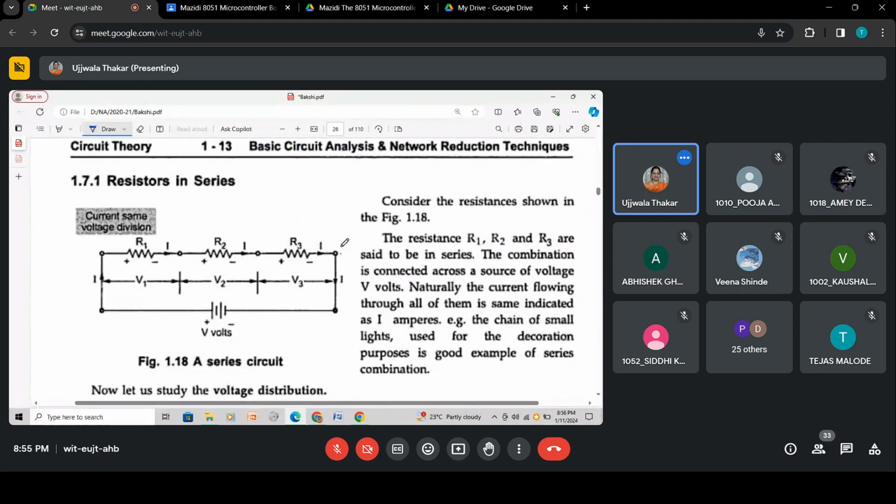Resistance in series. What is the effective resistance if resistances are in series? What is the effective resistance if R1, R2, R3 are in series?